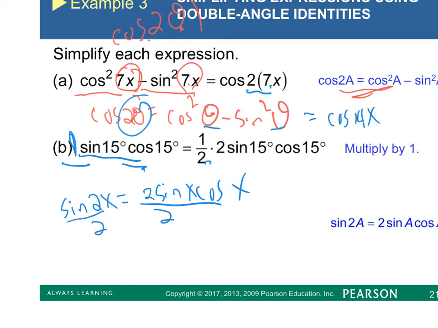That's why you got the 1/2 of, and this angle here. Anyway, this together is double angle. This is the theta, so I need to double that. So we should see a 30 degrees in there.